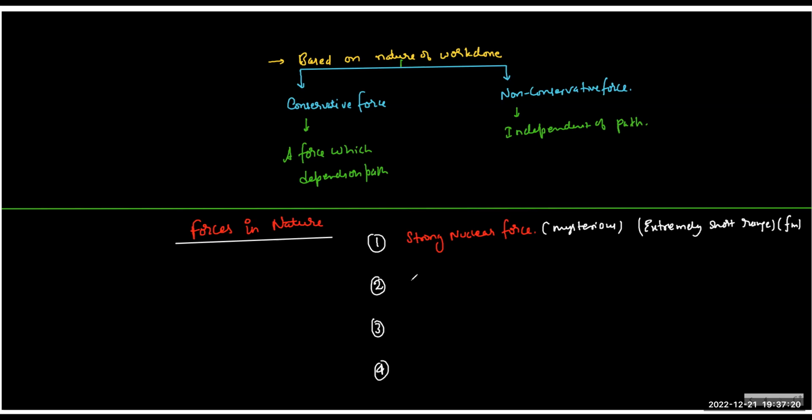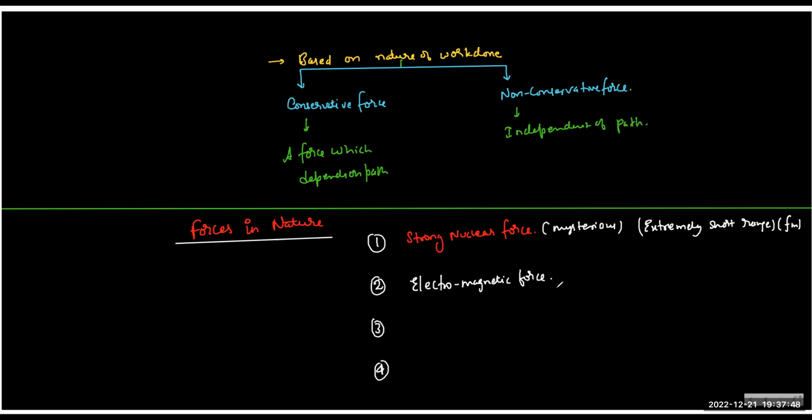What is next? The next is called electromagnetic force. Now, electric force and magnetic force are not different in physics. Both are the same. We name it electromagnetic force as a single name. The words electric and magnetic came from the historical development of science.